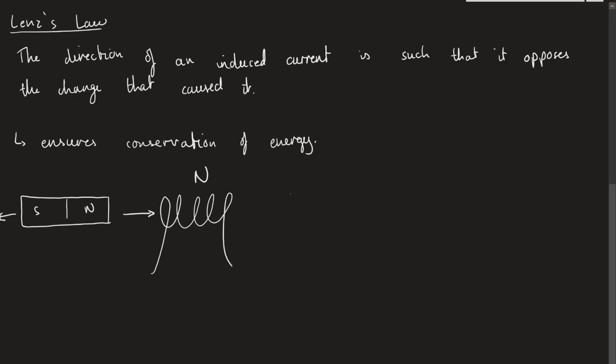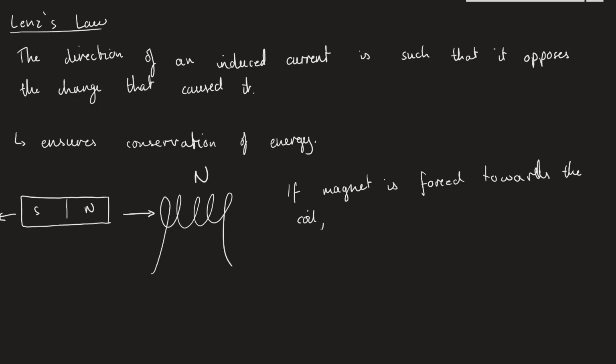And now this means, so if the magnet is forced towards the coil, then in order for it to induce a force coming backwards, there has to be some sort of magnetic field that's created by this.